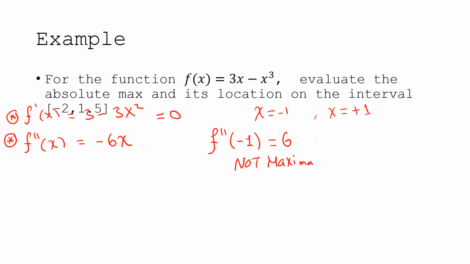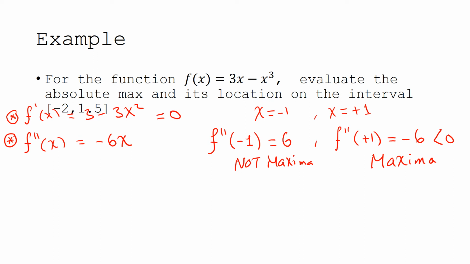We repeat the process for the second candidate. f double prime of plus 1 gives us negative 6. So this is negative, so this point x equal to plus 1 is a maxima.